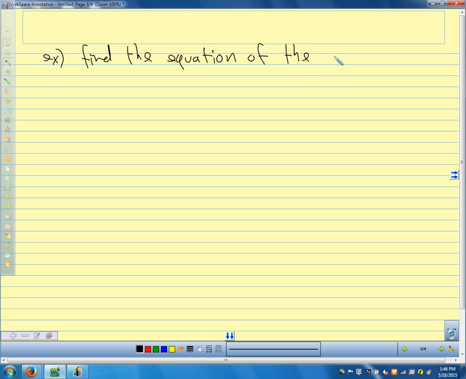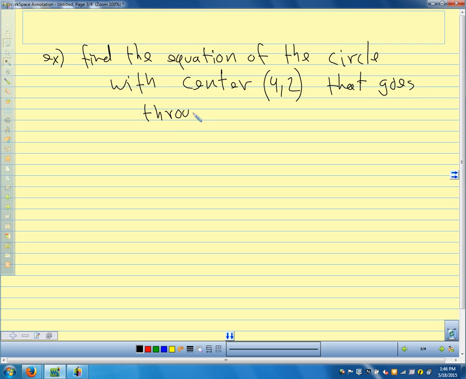So we want the equation of the circle with center at (4, 2), and it goes through the point (2, -3).